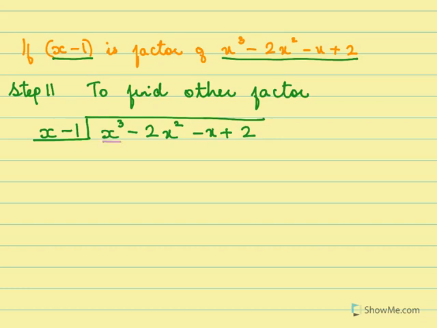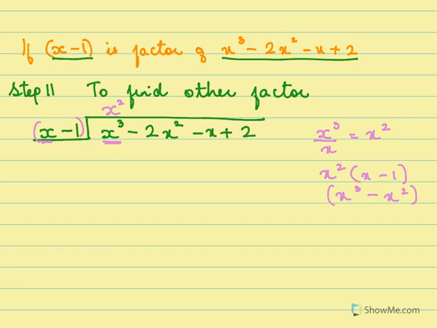In the first step, you take this first term and this first term and divide. So you have x cube over x, which is equal to x square. You write x square here. Now take x square and multiply by the entire bracket, that is x minus 1. This becomes x cube minus x square.